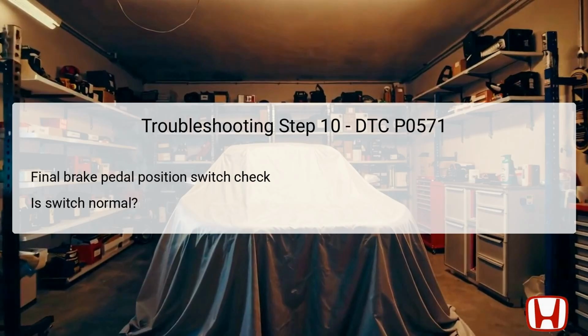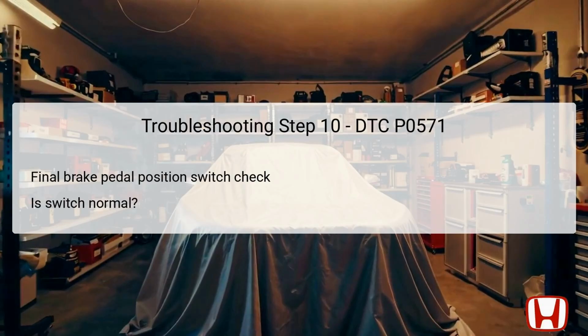The final troubleshooting step involves a comprehensive check of the brake pedal position switch once again. This step confirms whether the switch is functioning appropriately after previous tests have been conducted. If the switch operates normally, this suggests that the prior issues may have stemmed from other parts of the circuit.